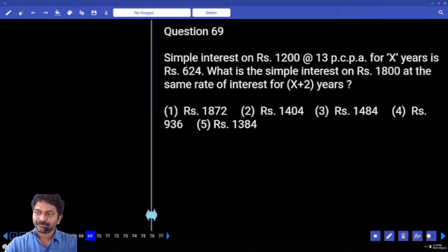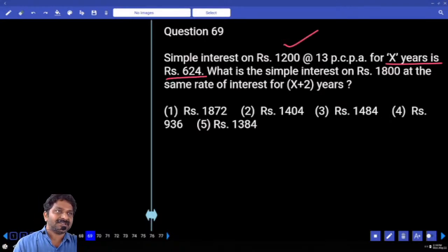Yes. For x years, the interest is 624. On 1200 rupees, what is interest per year? 13% in the sense 1% into 13. What is 1%? 12. 12 into 13, 156. So there will be 156 rupees interest per year, right?